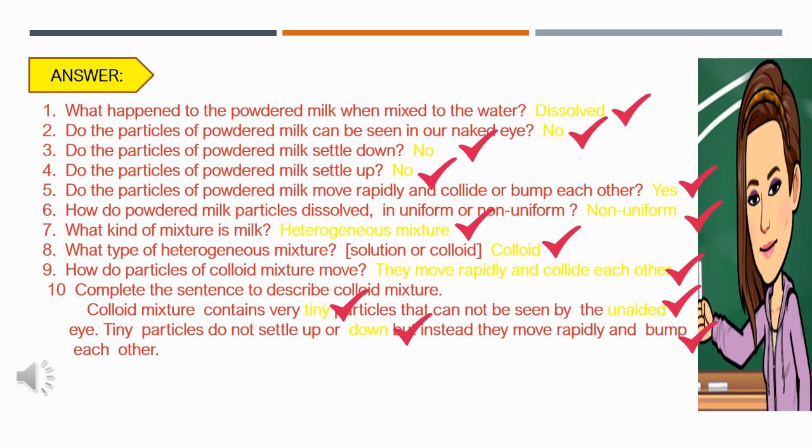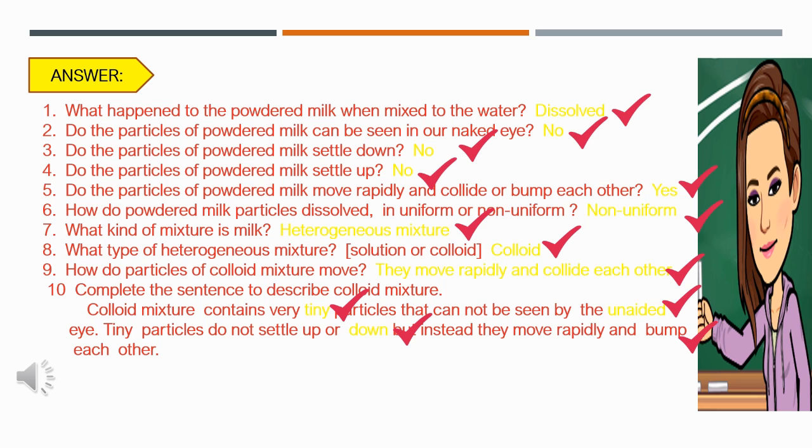Do the particles of powdered milk settle down? No. Correct. Question number 4. Do the particles of powdered milk settle up? No. Correct. Question number 5. Do the particles of powdered milk move rapidly and collide or bump each other? Yes. Very good. Correct.